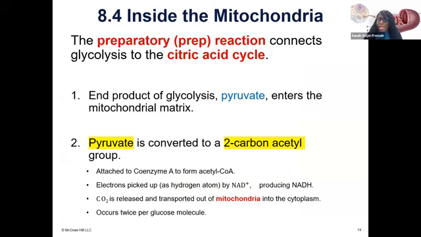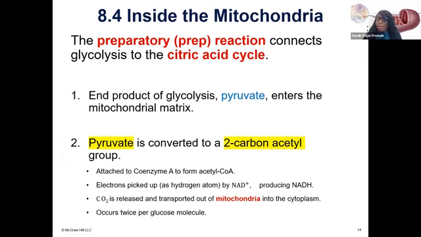Now, the second phase, which is the preparatory phase, happens inside of the mitochondria. With the preparatory phase, we are taking pyruvate as the end product from glycolysis and converting it to 2-carbon acetyl-CoA. As we convert to acetyl-CoA, we also produce carbon dioxide, because pyruvate is a 3-carbon molecule.